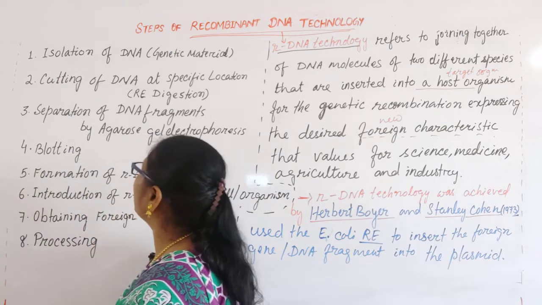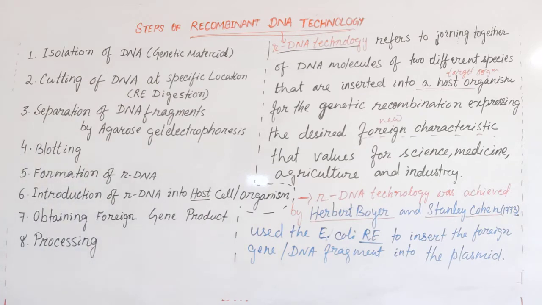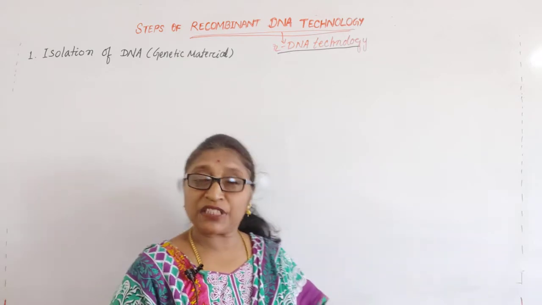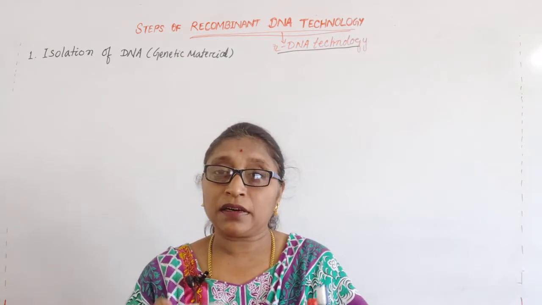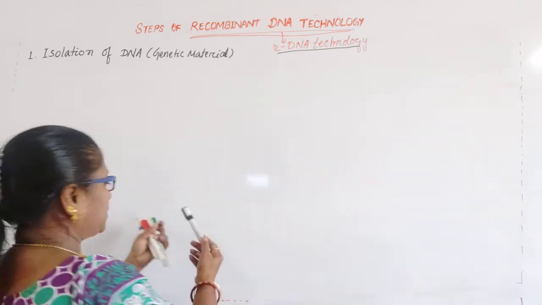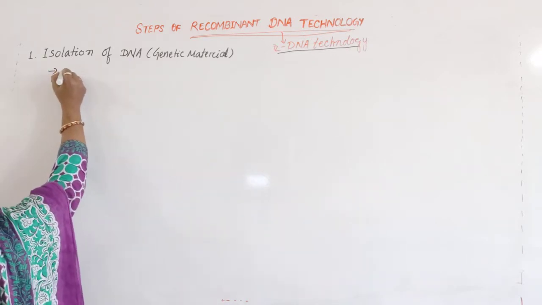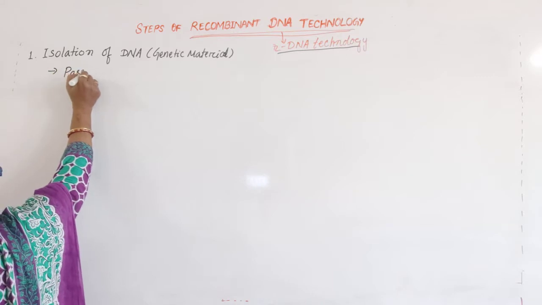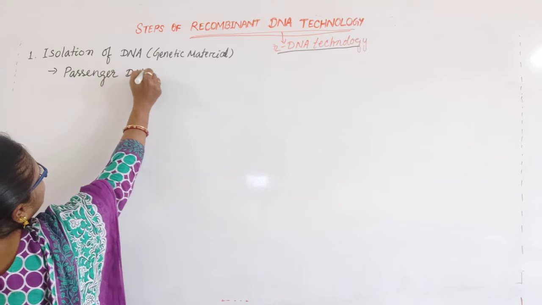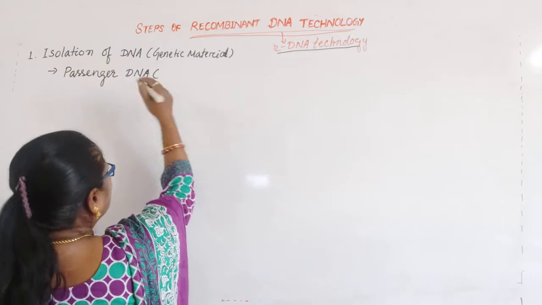So let us start with the isolation of DNA or genetic material, that is the vehicle as well as the passenger DNA. The passenger DNA is nothing but the desired DNA segment.